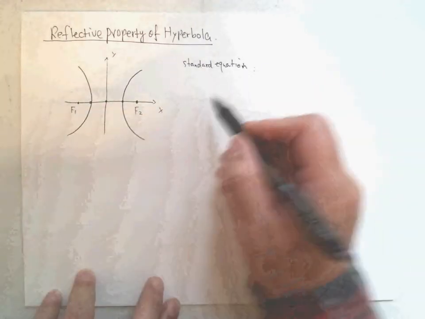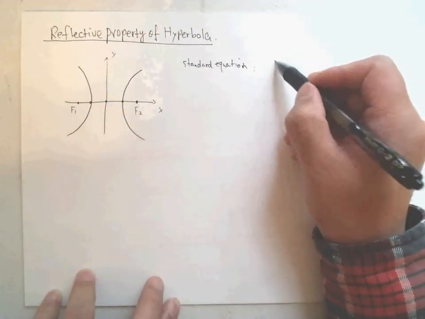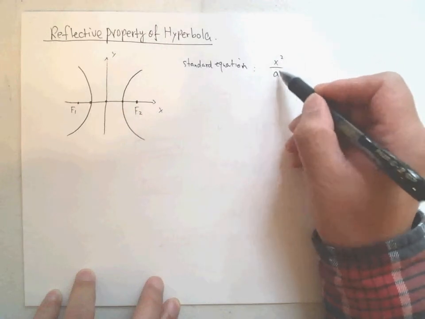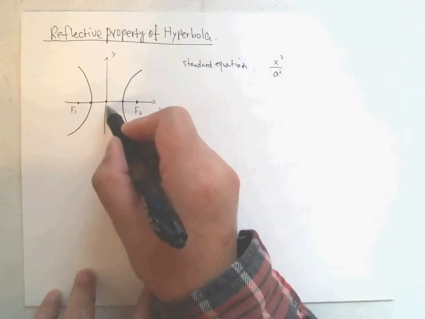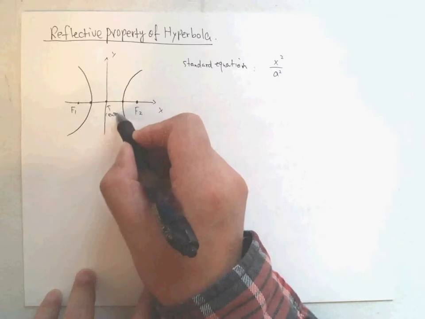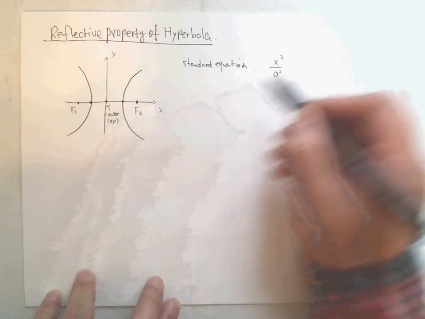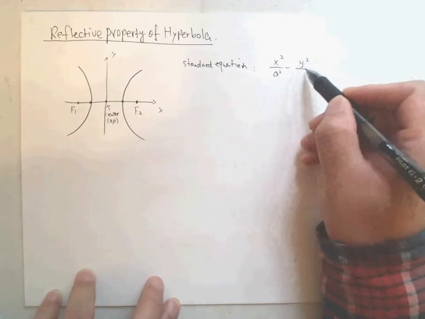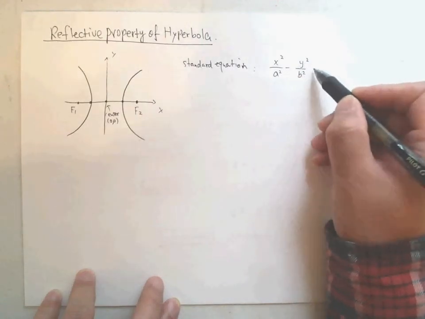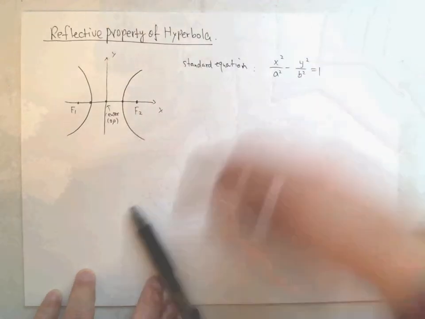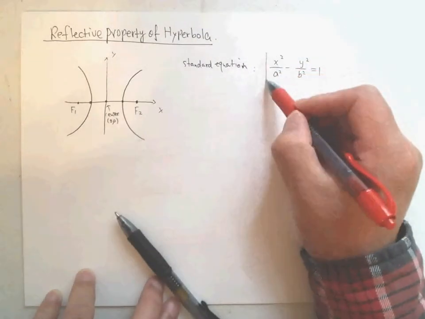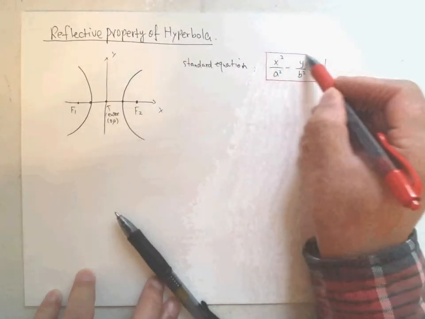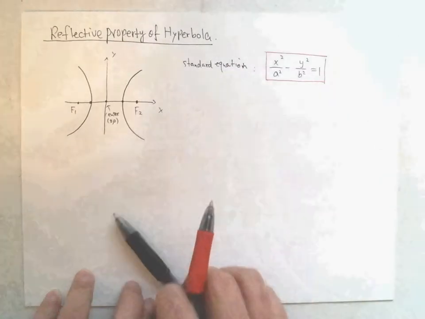So x goes first: x squared over a squared, because the center is at 0, 0, minus y squared over b squared equals 1. We need to use this standard equation. And then what is the reflective property?